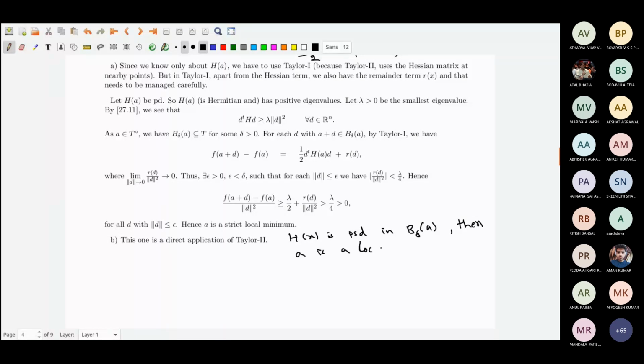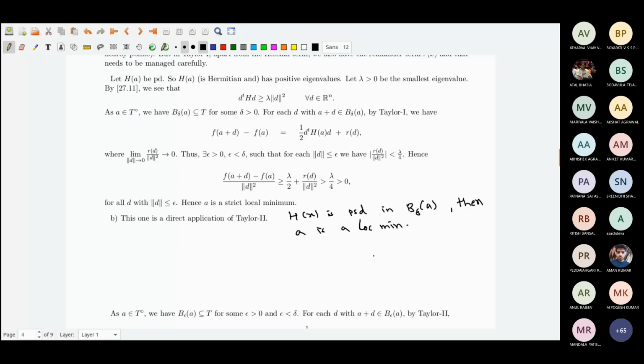You don't say strict local minimum. Strict local minimum will not happen. You can take a constant function, everything is 0, so you don't get a PD matrix at all. So how will this follow?